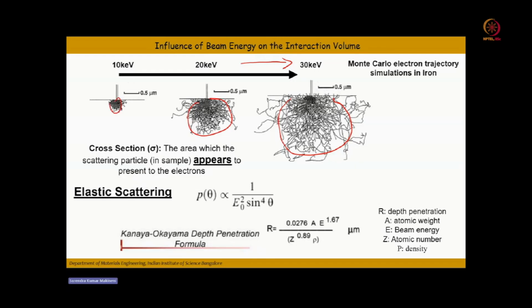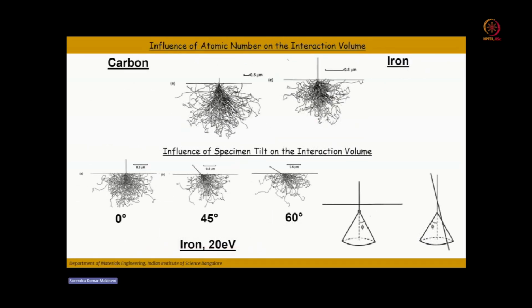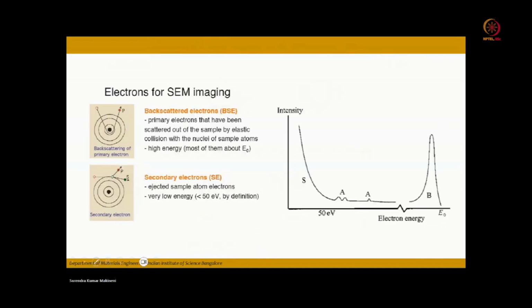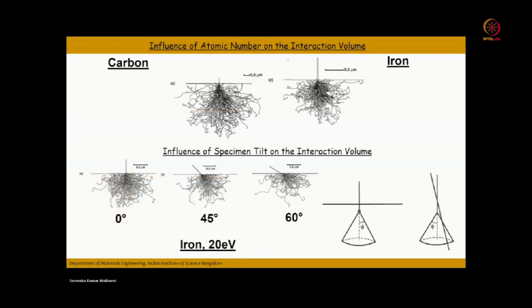These are the Monte Carlo electron trajectory simulations, and it also depends upon the atomic number. For iron, the interaction volume is very small, but for a low atomic number, the interaction volume is very large.